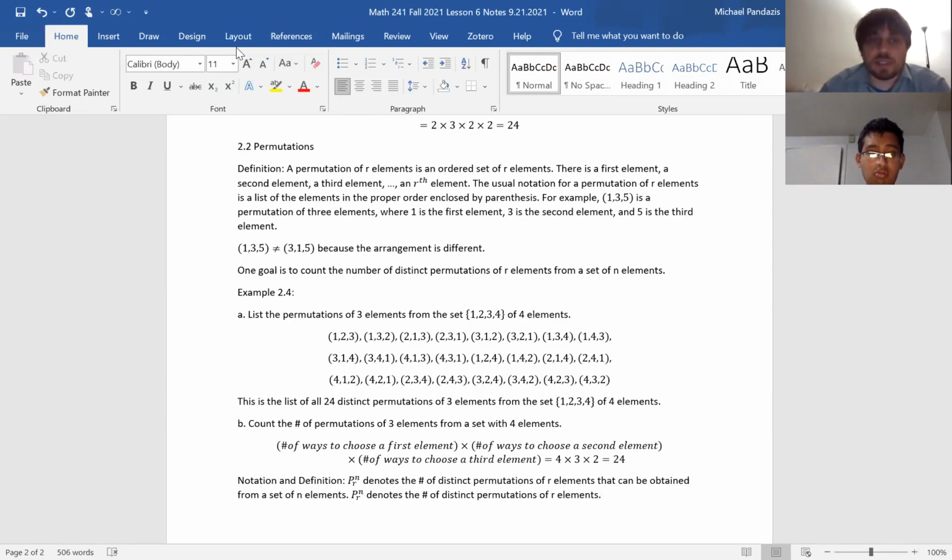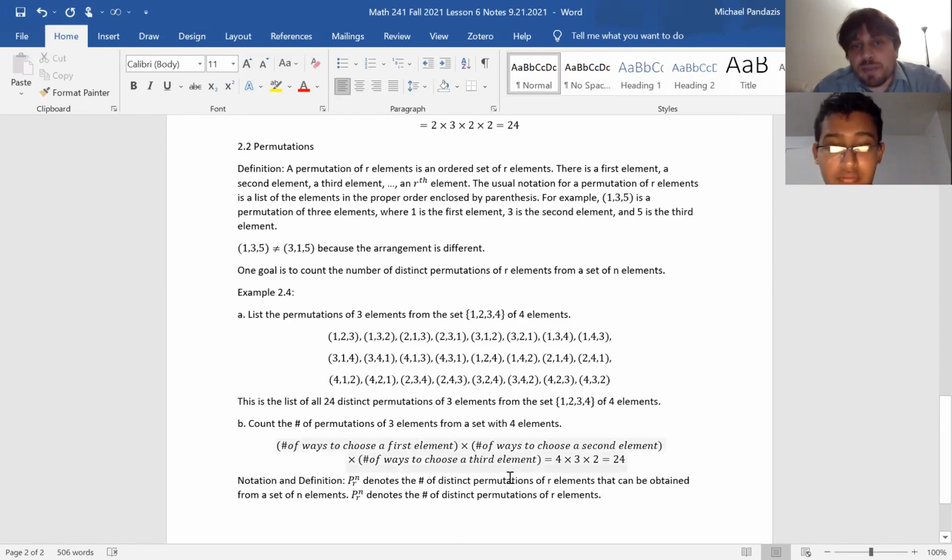I kind of wrote the same thing twice. P(r, n) denotes the number of distinct permutations of r elements that can be obtained from a set of n elements.